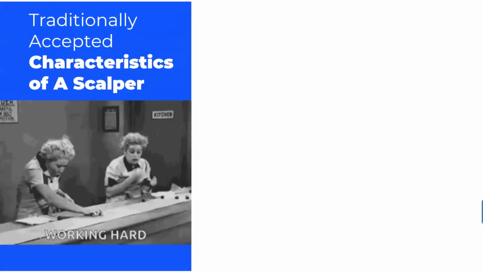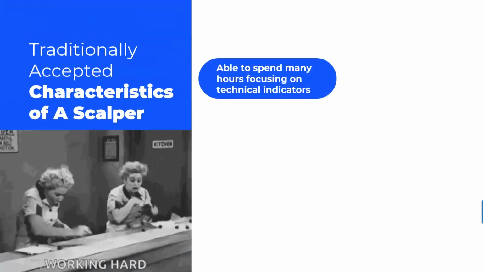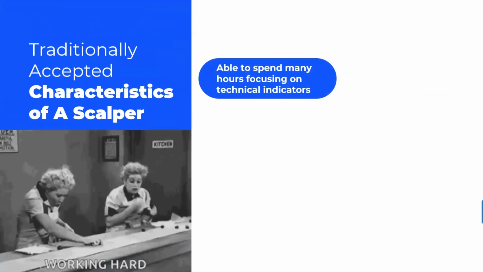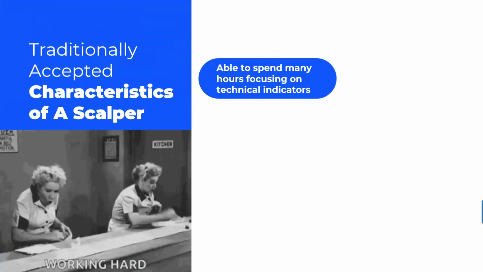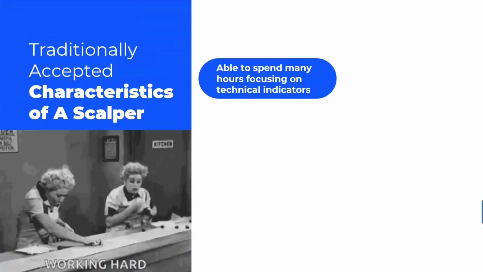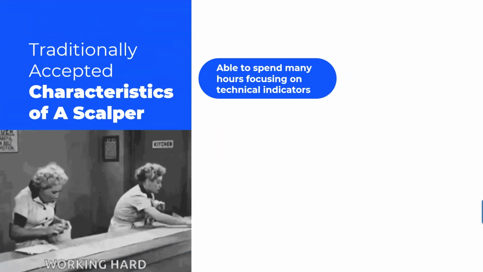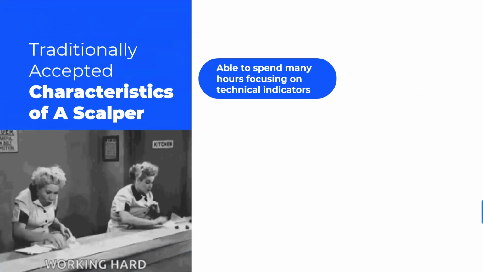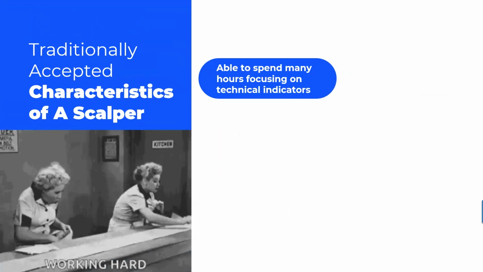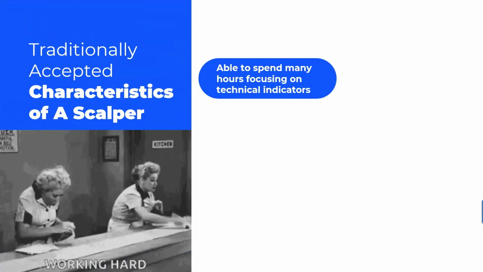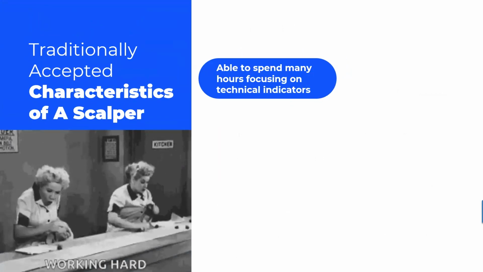Now, historically or traditionally, most people feel like scalpers are able to spend hours and hours focusing on technical indicators. We trade the most liquid futures instruments, mostly the E-minis, gold and oil.